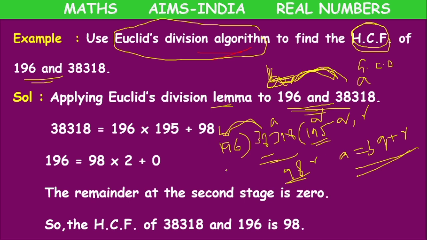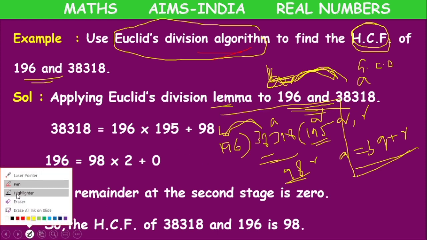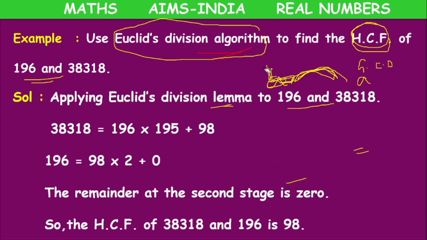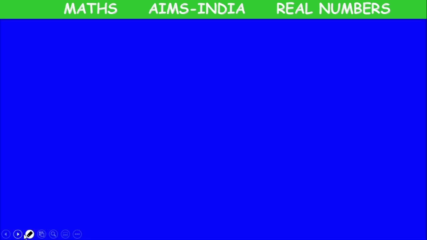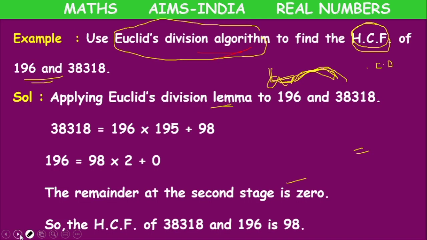According to the division formula, we can write dividend A equal to divisor B into quotient Q plus remainder R.